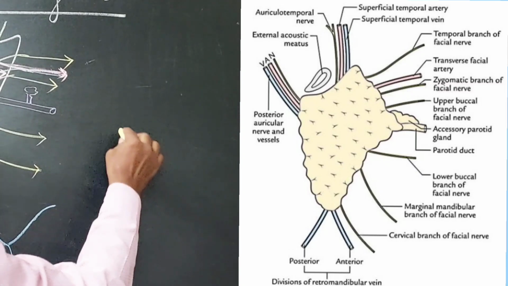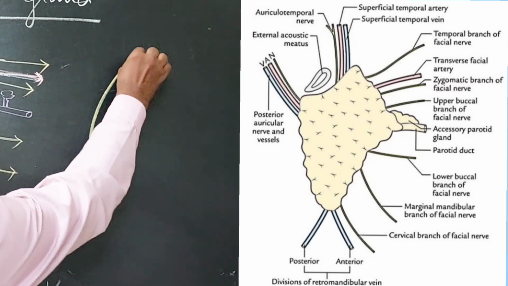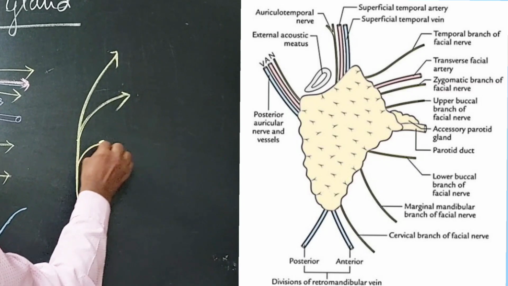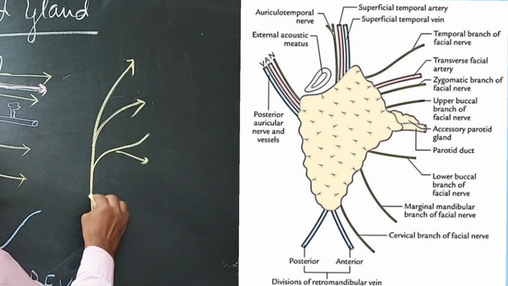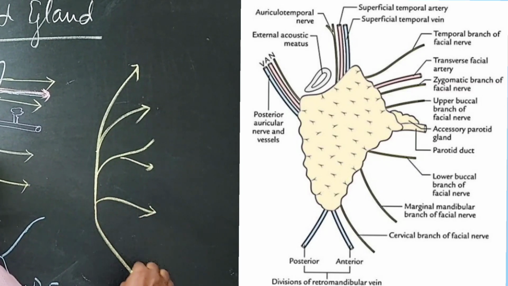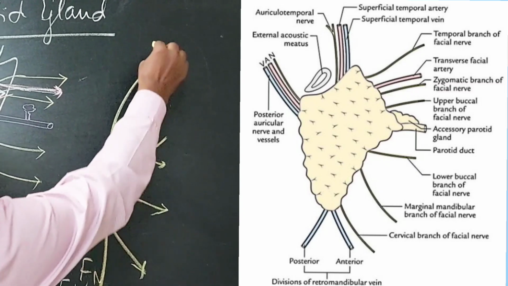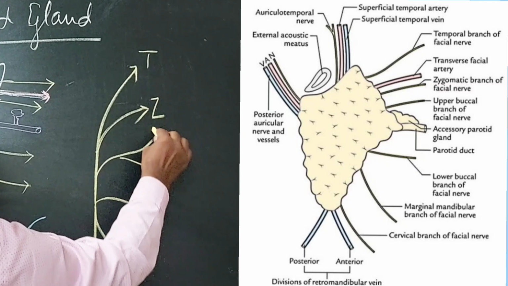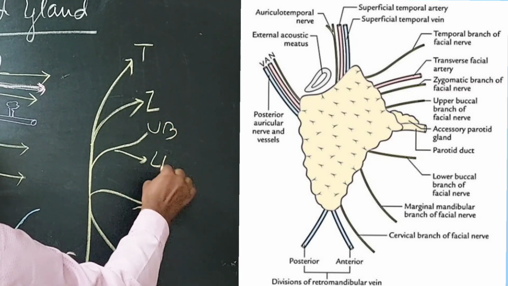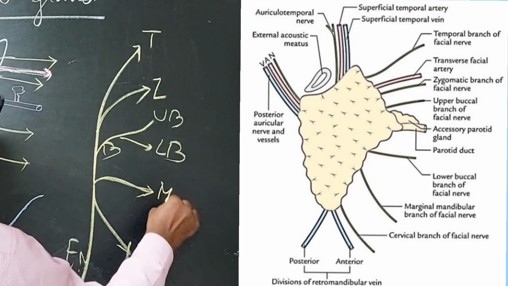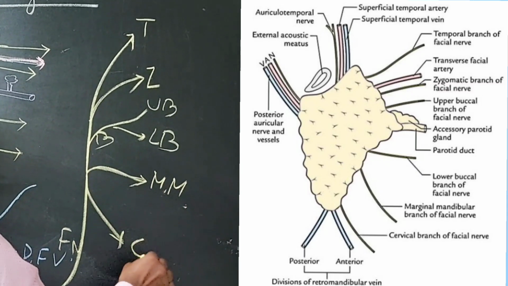So if I draw here the facial nerve, these 5 branches like this. So this is facial nerve, this is temporal, this is zygomatic, this is upper buccal, lower buccal, this is marginal mandibular, and this one is cervical.